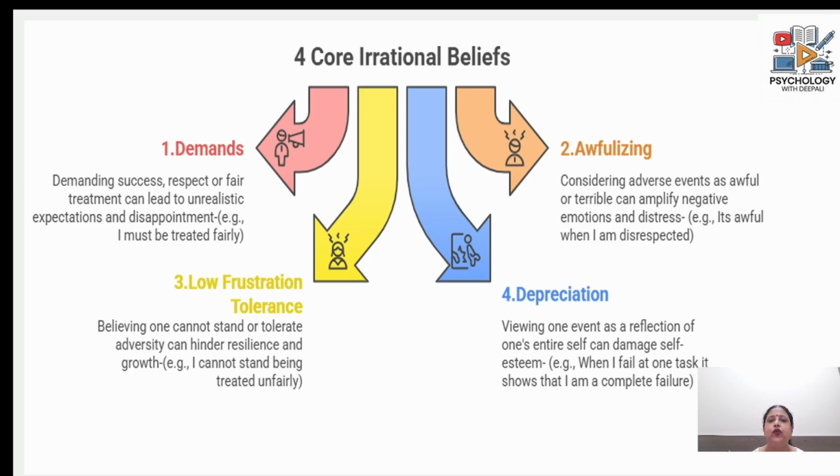The second type of core irrational belief is awfulizing, which means considering any kind of negative or adverse event as awful or terrible, so awful that the negative consequences or the negative emotions and beliefs are amplified, multiplied many times. So not only is the person feeling that something negative has happened, the quantum of negative impact that he is feeling is much more than what the event actually is.